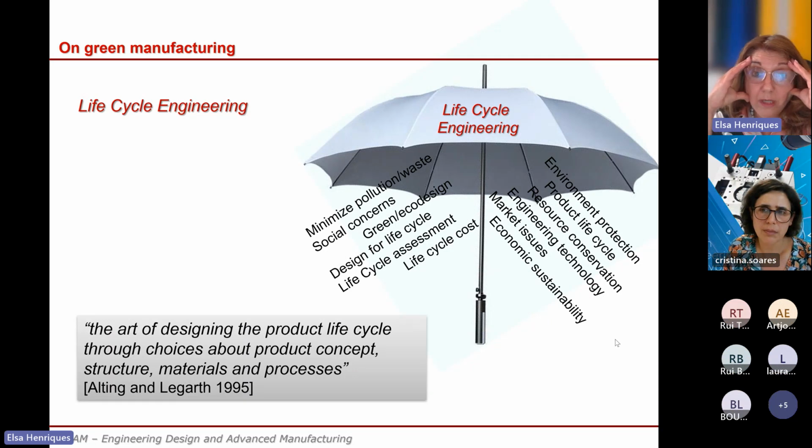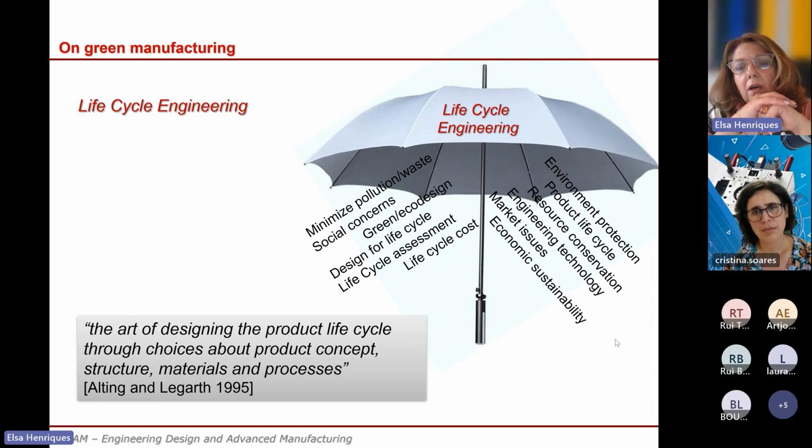Minimization of pollution, minimization of waste, social concerns, eco-design, green design, product life cycle, resource conservation, lots of terms that sometimes are not different, they are the same, sometimes they are slightly different, but all of them are included in what you call life cycle engineering, which is not a new concept.